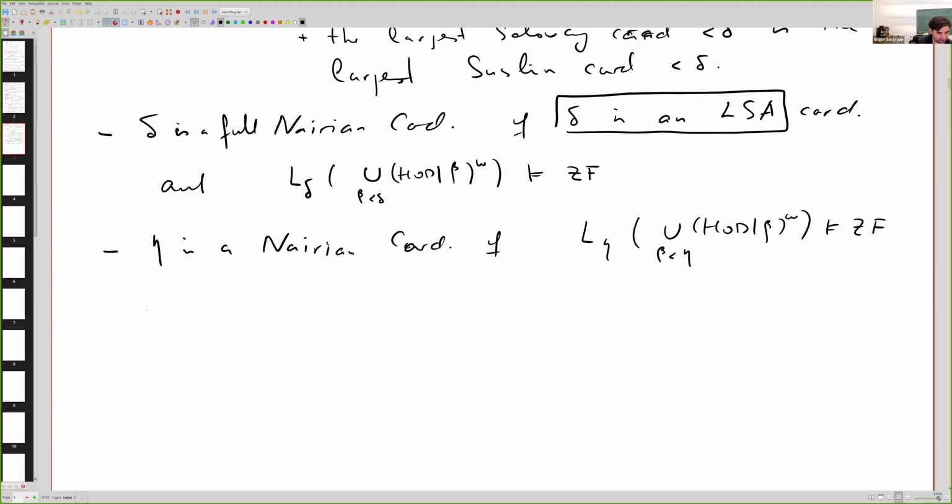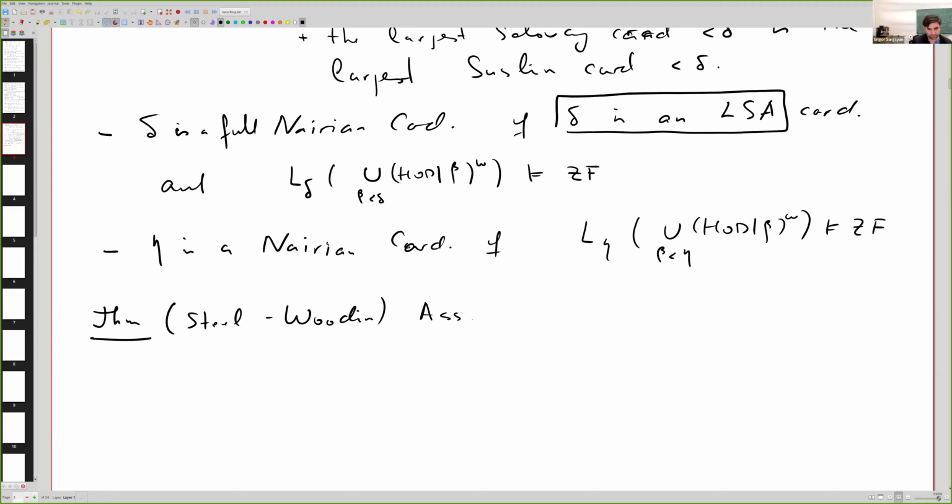Recently there was a theorem, and as you know, John Steel wrote that book for which he got the Karp Prize. After that book, many theorems were proven, and in particular, we understood how the full Nairian cardinals can show up. This is a theorem of Steel and Woodin.